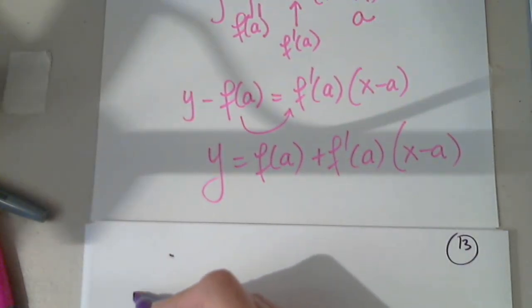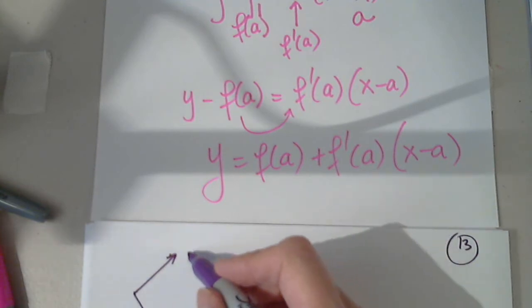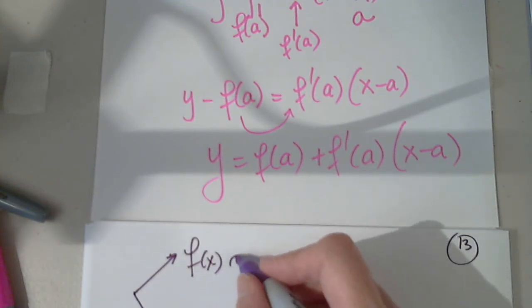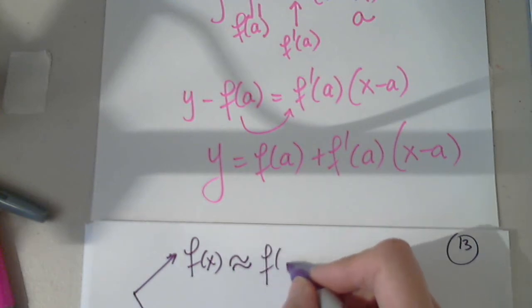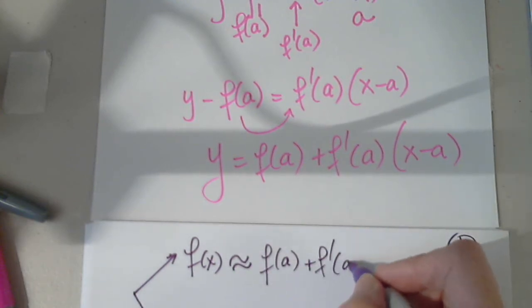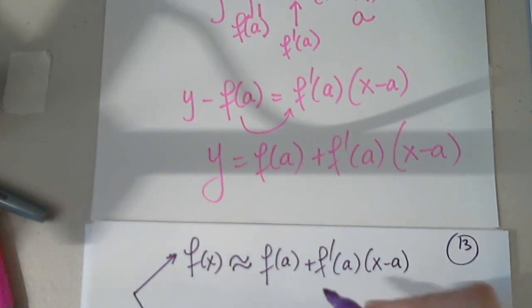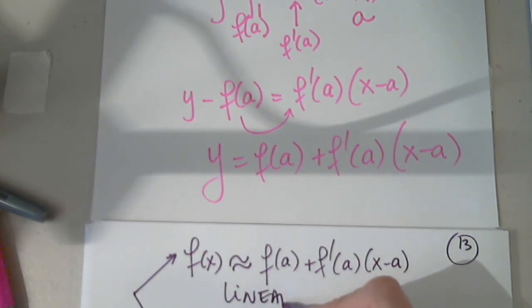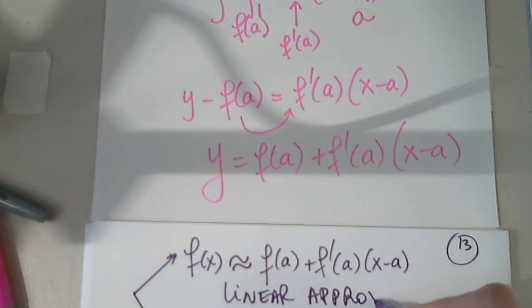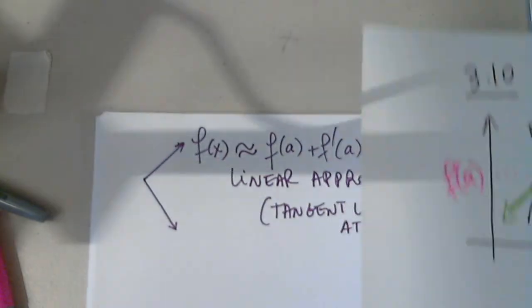So, there are two different things here. f of x can be approximated by f of A plus f prime of A times x minus A, and this is called the linear approximation, also called tangent line approximation, at A. What am I really telling you?